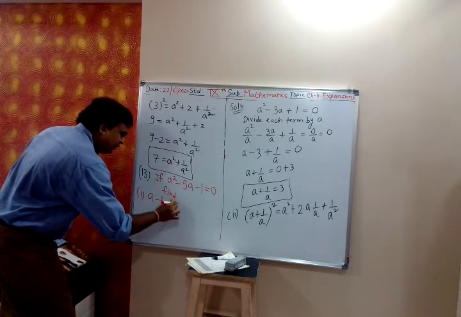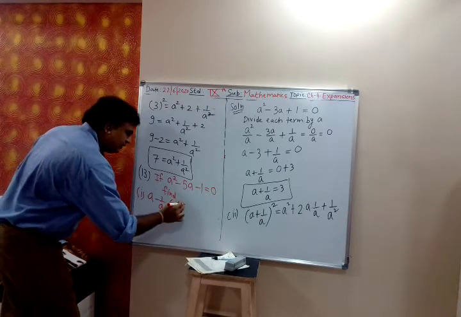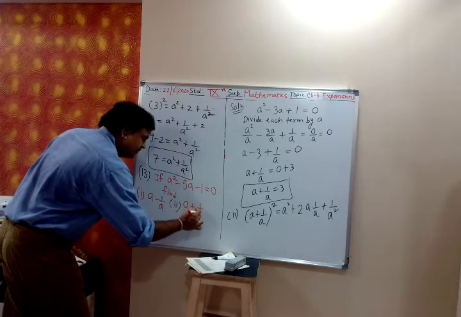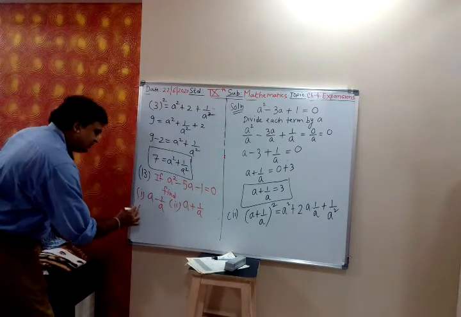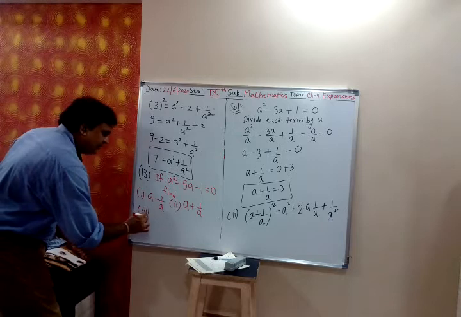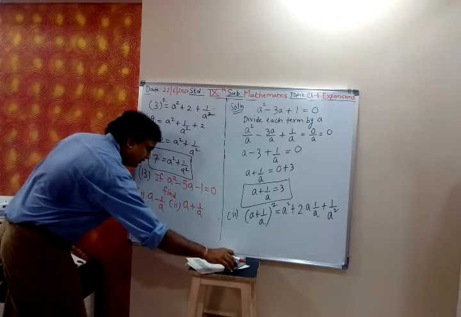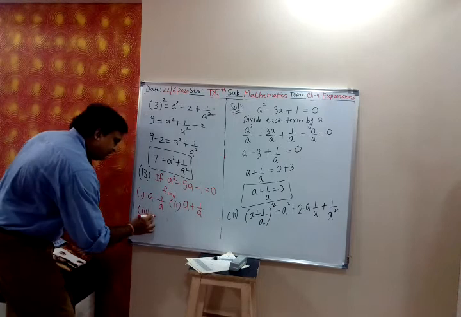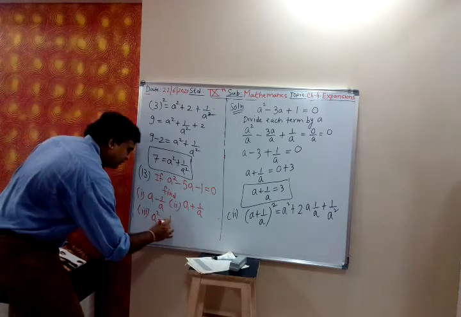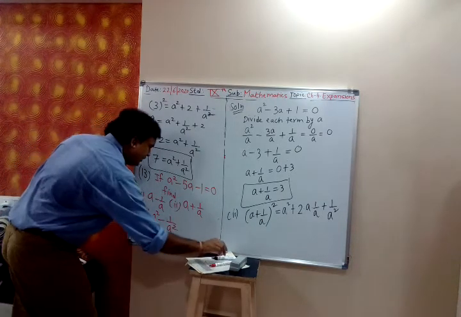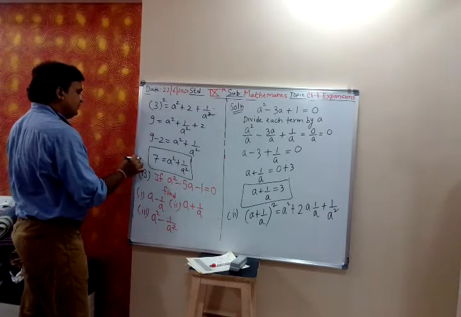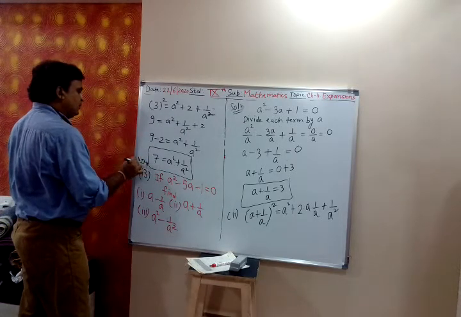So whenever you are given an equation, divide each term by a. Second, a plus 1 upon a. And third, a square minus 1 upon a square. This is also an important question. This type of problem is important from the board point of view.